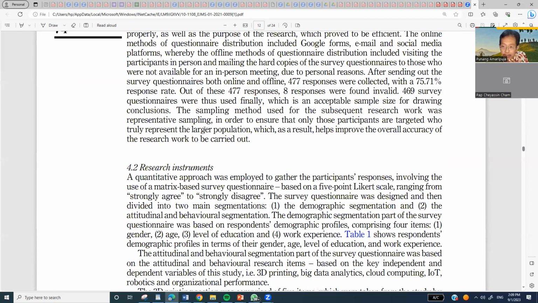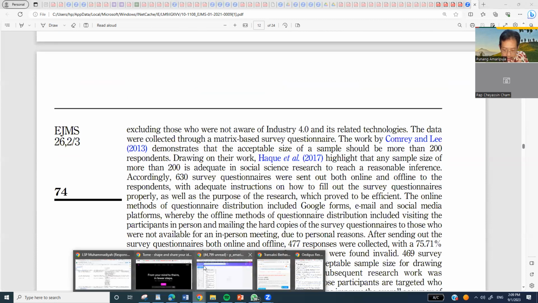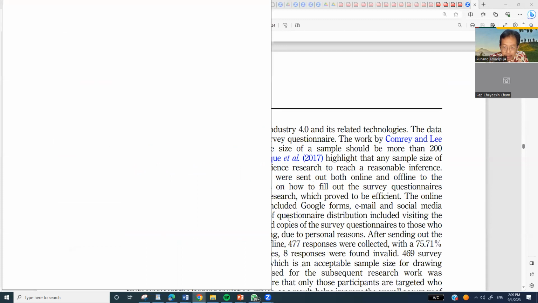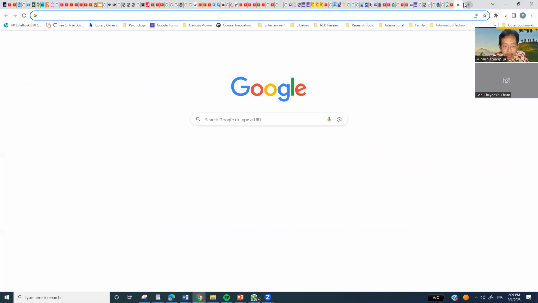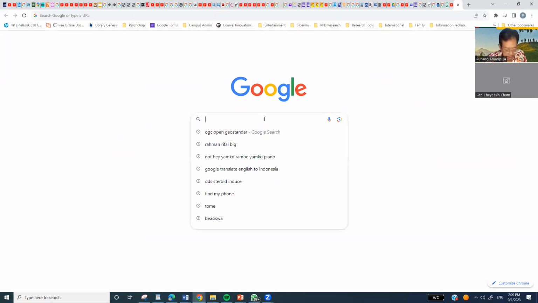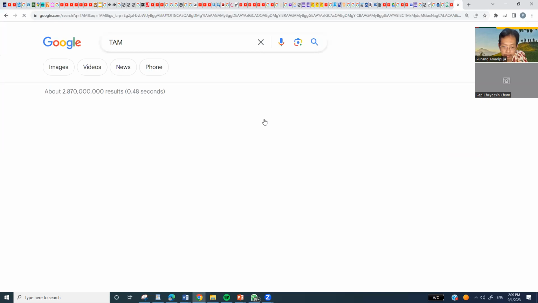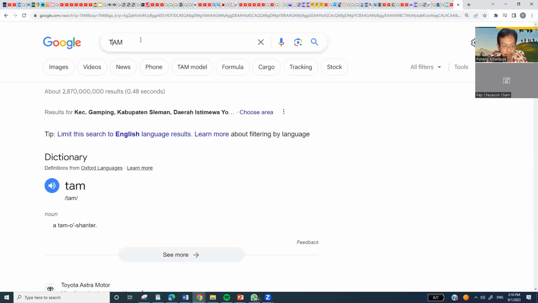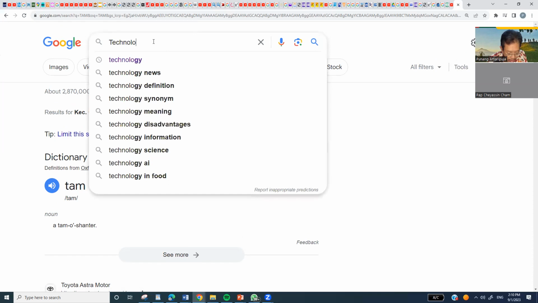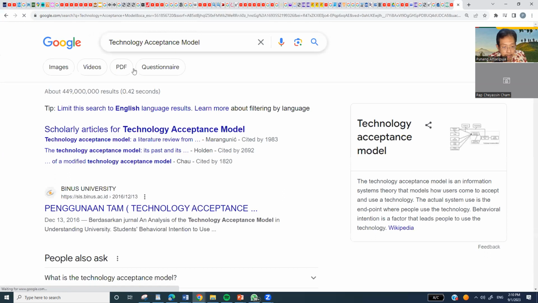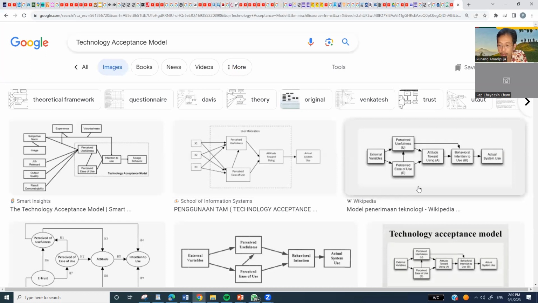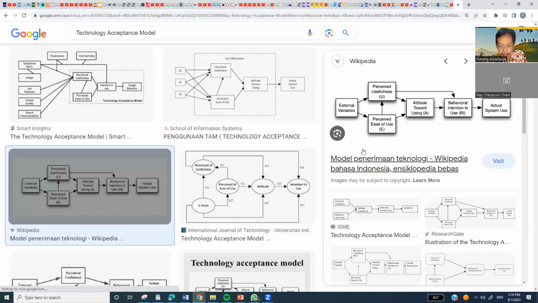So something that you might consider is, for instance, to use some other model. Okay, let's see, TAM. You can refer to the technology acceptance model. This is more about how people accept the use of a certain technology.